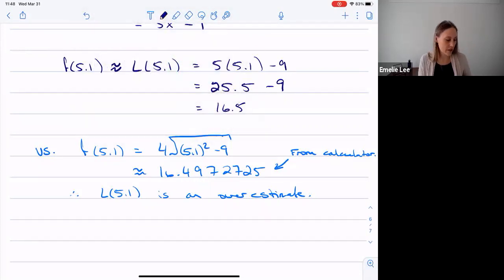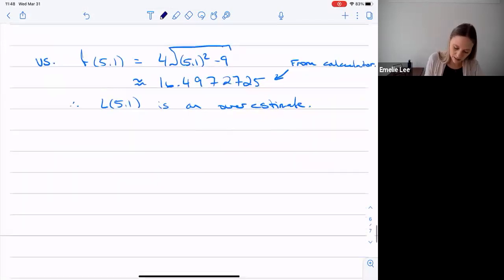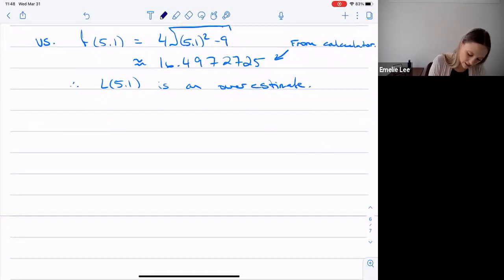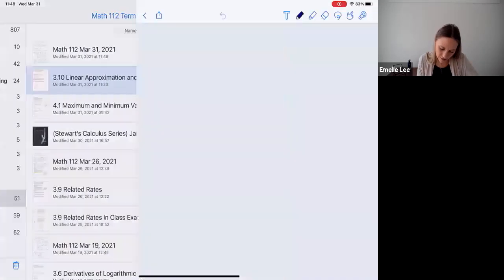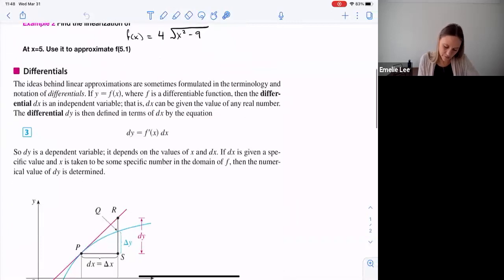The last part of this section is on differentials. Now, differentials, like I said, we are not really going to talk about them, but if you look at the handout, the differentials we've called dy, dx, those are differential operators.